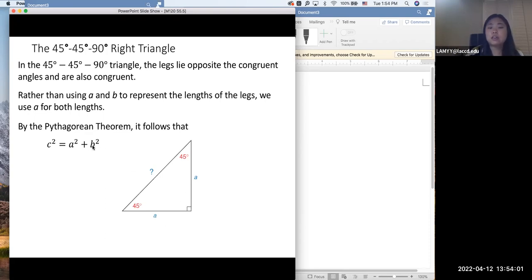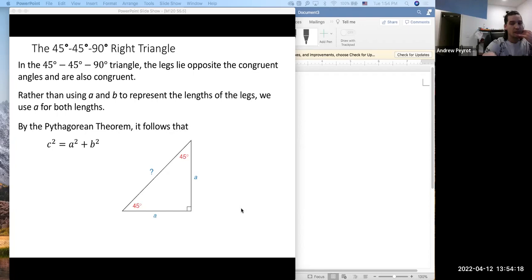The A and A here, find out what the hypotenuse is. What is your C equal to? A squared plus A squared.